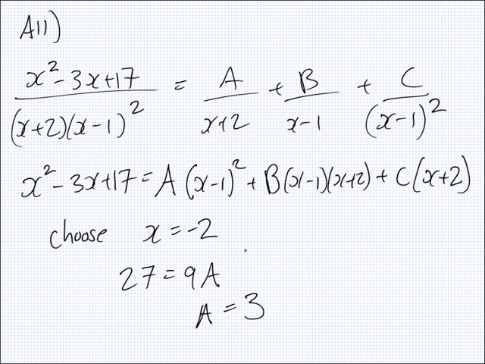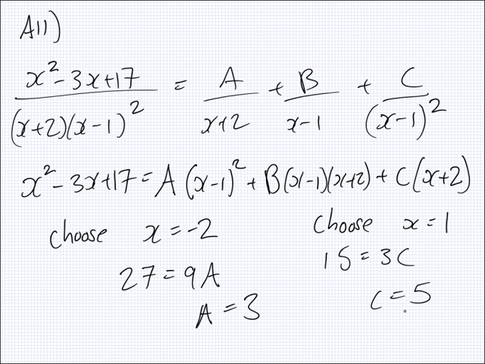Let's get the next one. What one would be easy to get next? C. Minus which I believe is 1. Okay, good. And then, did anyone get B yet? Choose x equals 1. 3C is 1 minus 3 is minus 2, plus 17 is 15. So 3C is 15, so C is 5.